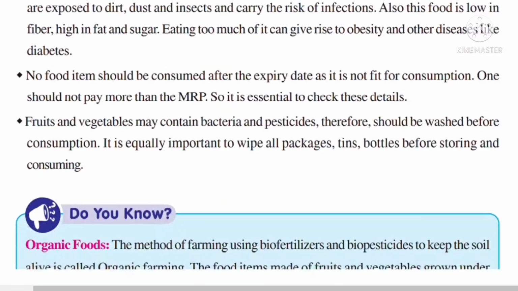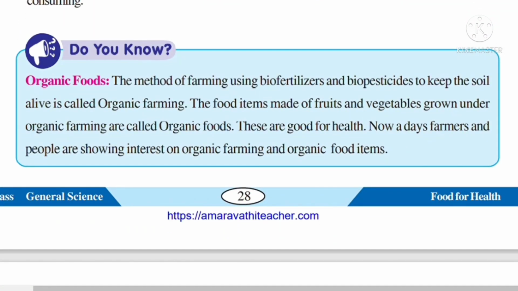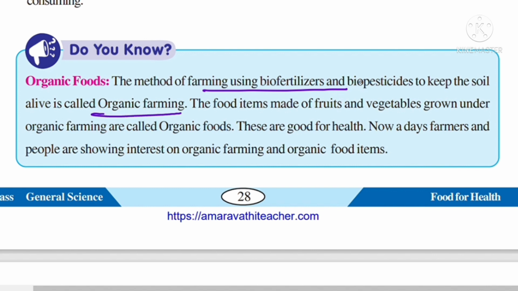Next, do you know organic foods? The method of farming using biofertilizers and biopesticides to keep the soil alive is called organic farming. Fertilizers provide extra nutrients to the plants, and pests are insects that harm the crop plants.